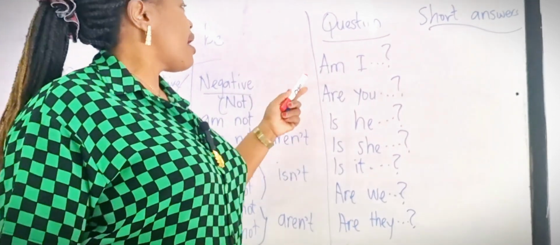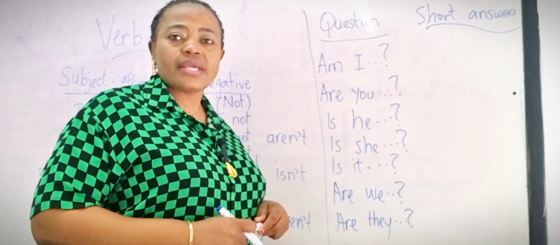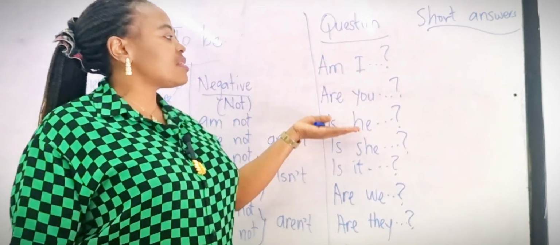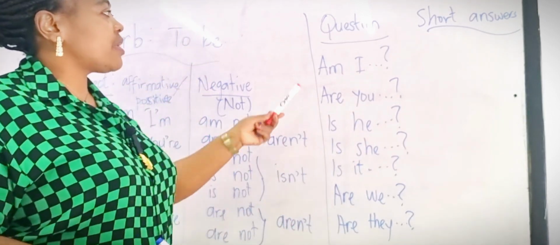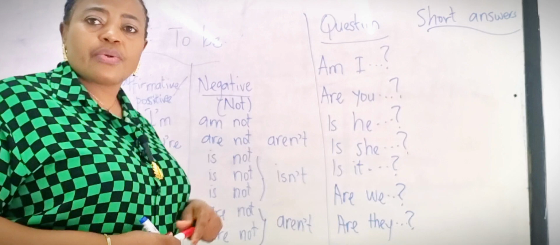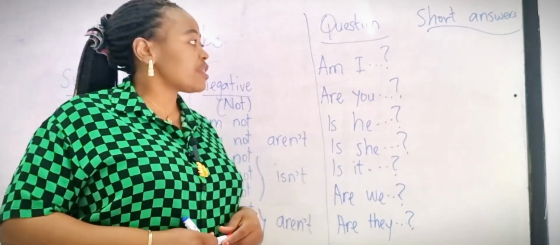Okay, so after the question, the next thing that you're supposed to have is short answers. With short answers, you're just going to answer these questions in a very short form. For example, if I ask the question, am I a teacher? I'm not the one to respond. It's someone else that is supposed to respond.